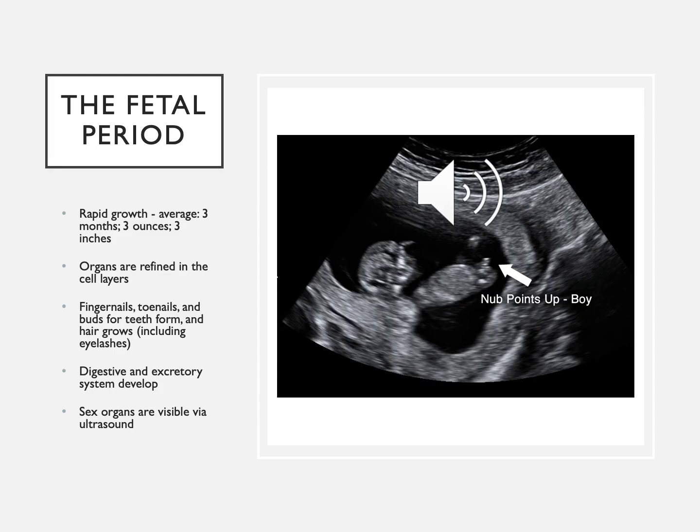During the fetal period, or the last part of pregnancy from 9 weeks all the way to birth, we see rapid growth happening. So on average, within 3 months, the fetus is growing 3 ounces and also 3 inches.